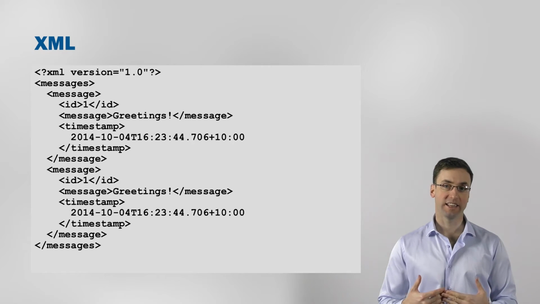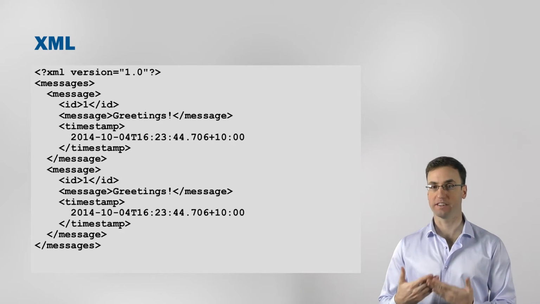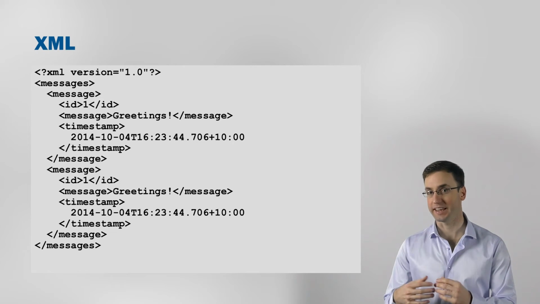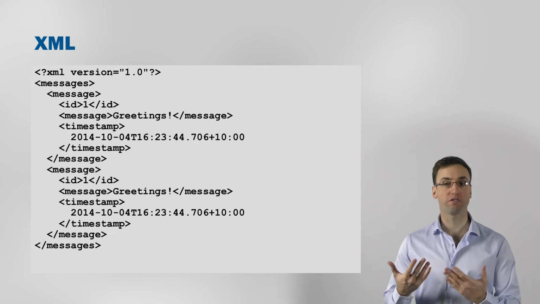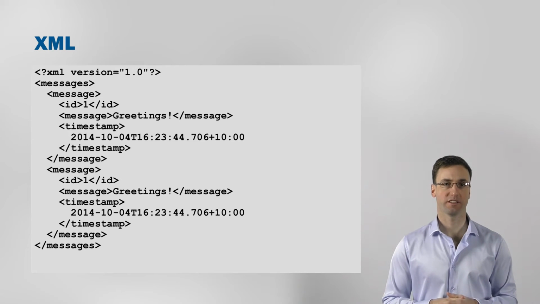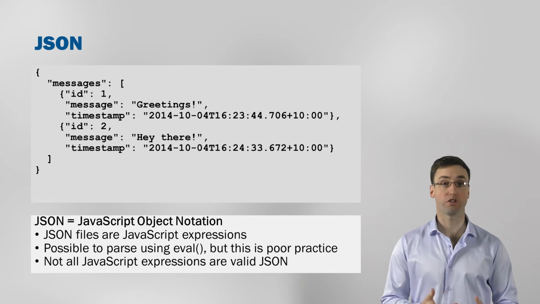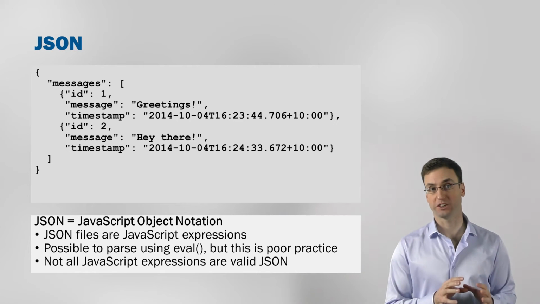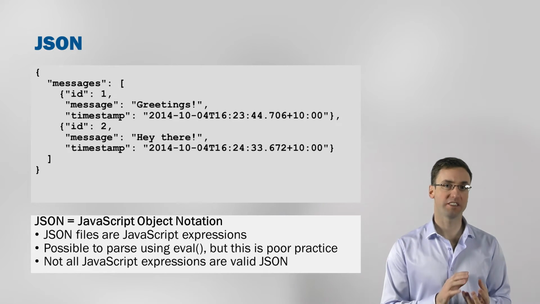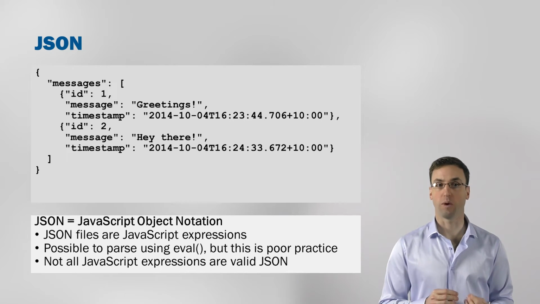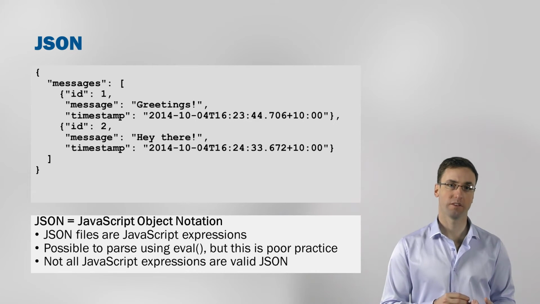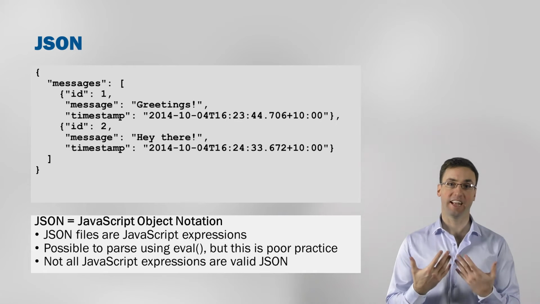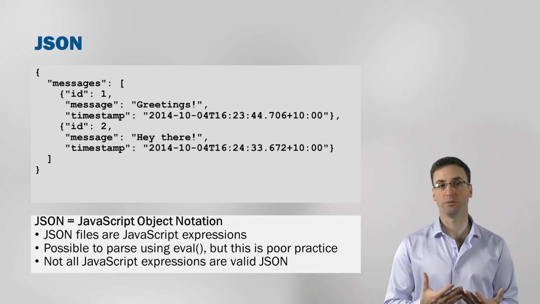What this means is that when you do a HTTP GET request on a resource, for example, you might get all the messages, you could receive an XML document like this. Alternatively, you could receive JSON. JSON stands for JavaScript Object Notation. It's just a simple syntax for representing data in a way that is compatible with JavaScript. You could copy and paste this data into JavaScript and it will create an object for you directly.